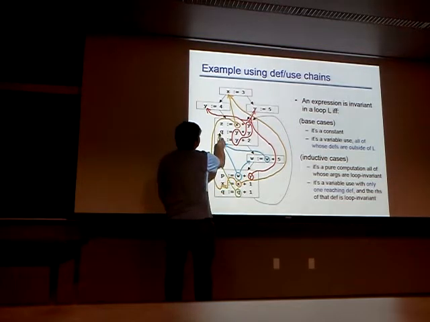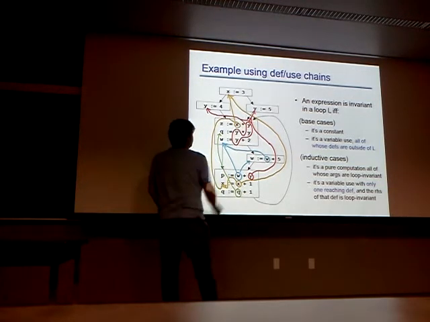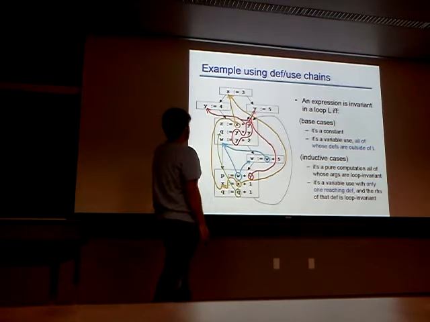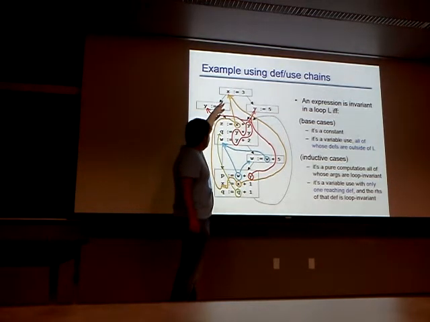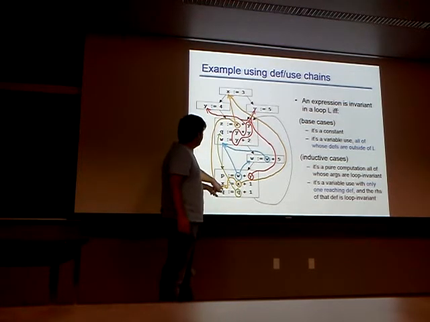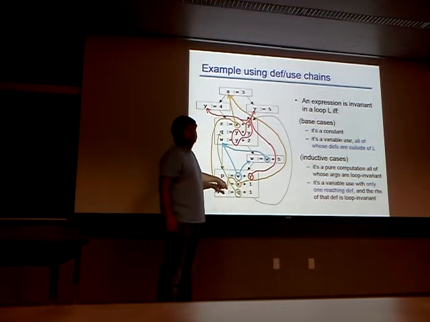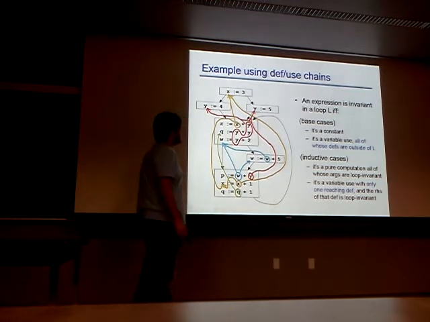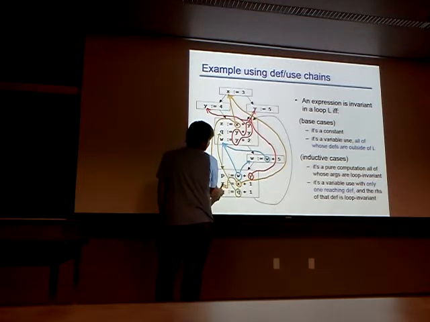This Q goes up here, and this X has two reaching definitions: one from outside, and one from inside the loop. This X can come from two different places, either from outside the loop or from this compartment.